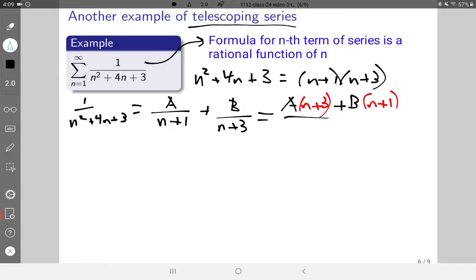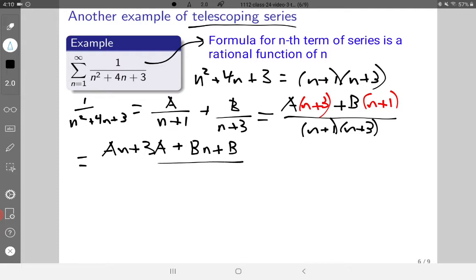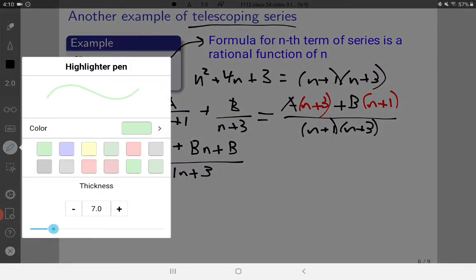And that would produce the common denominator of n plus 1 times n plus 3 on the bottom. And so in the numerator, we get an plus 3a, and then bn plus b, and all of that's divided by the n squared plus 4n plus 3, that common denominator. And then I'm starting to compare some terms here.